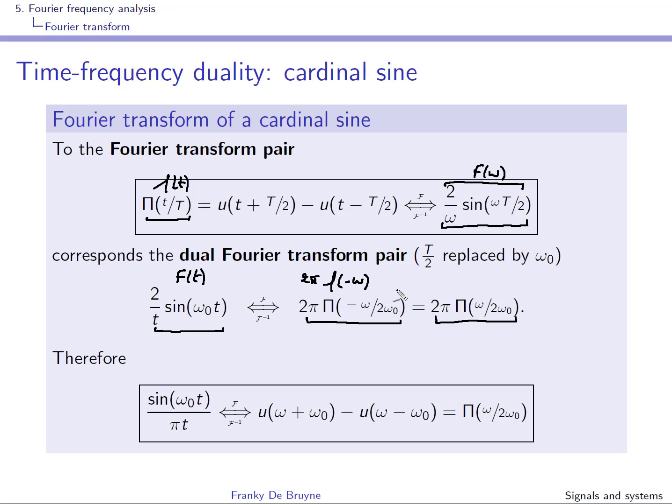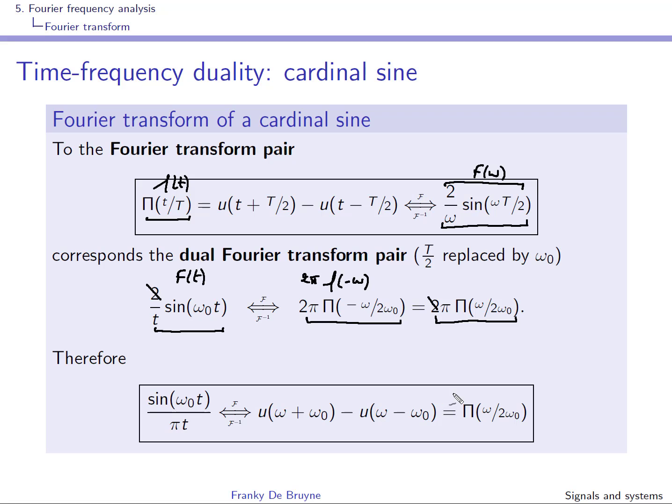Okay, so what have we obtained? Another way to write this, we can cancel out this one over here and this one, and we can divide by pi, and we have that the Fourier transform of this signal here is a rectangular window but in frequency.